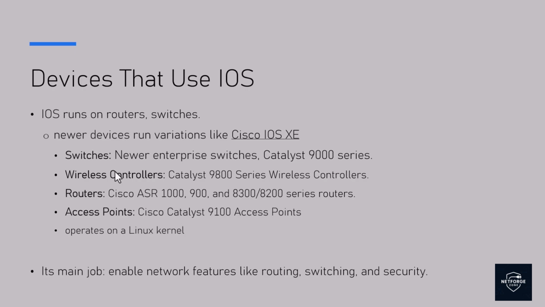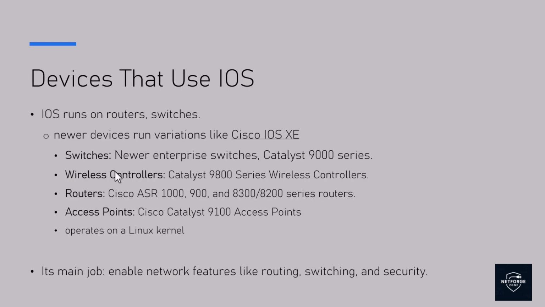That's a separate operating system itself, but when you change it to a Linux kernel, that's going to give you a very robust, much faster, much more upgradable, and much more scalable operating system. So IOS XE is all about this regular IOS, but now with a Linux kernel. That's going to be much better than regular IOS. But of course, the syntax is exactly the same, so you see no difference between these two.